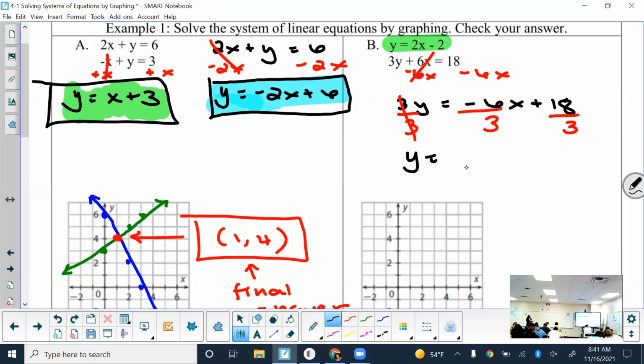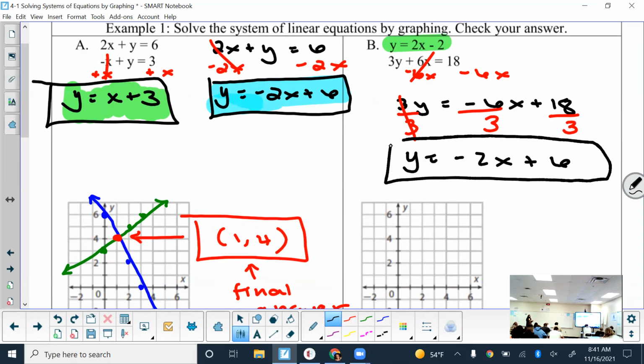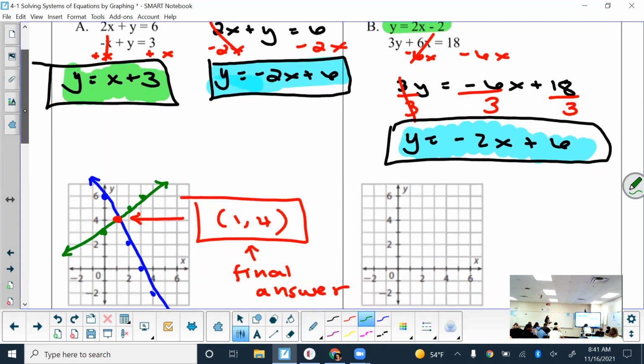And my equation in slope-intercept form is... good. So -6 divided by 3, 18 divided by 3. Here's my other equation in slope-intercept form that I need to graph. All right, so I'm going to graph the green one first, the one that's at the top already in slope-intercept form. So I need a dot on what number?